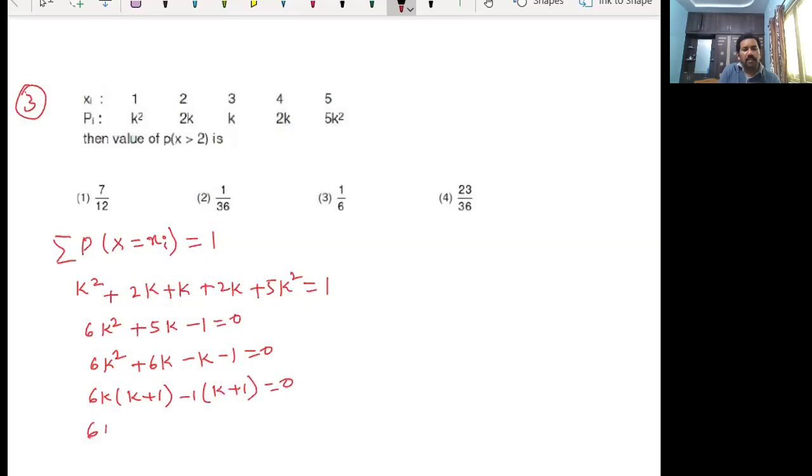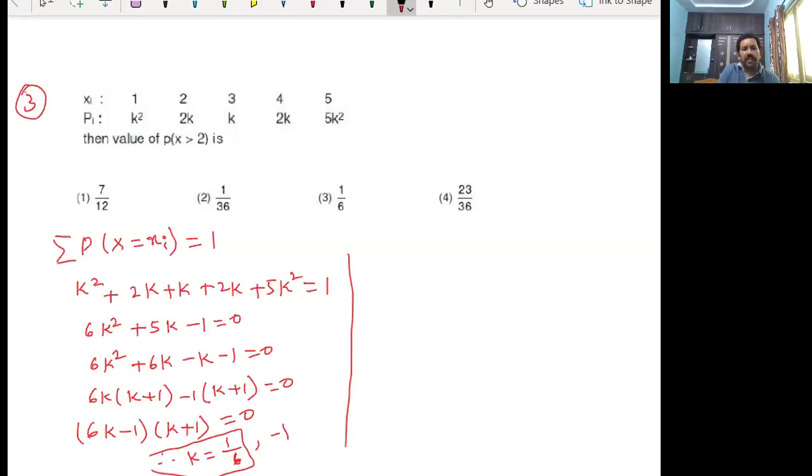Now 6K minus 1 into K plus 1 is equal to 0. So finally we are getting K value, one is 1 by 6, another one is minus 1. Negative cannot exist. The probability is always positive. So K is equal to 1 by 6 exists.